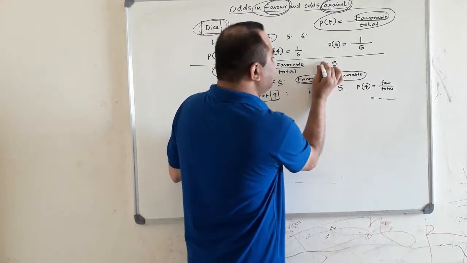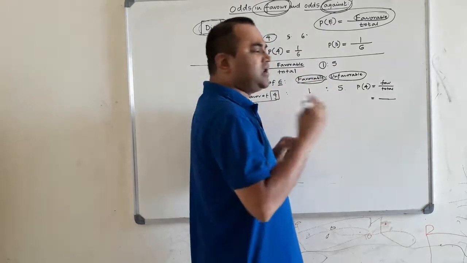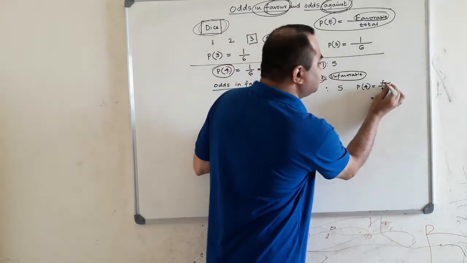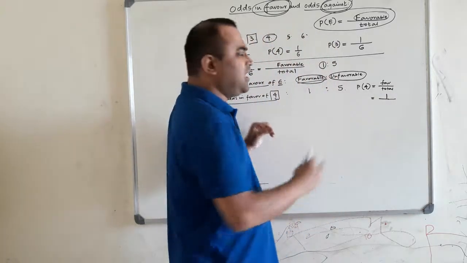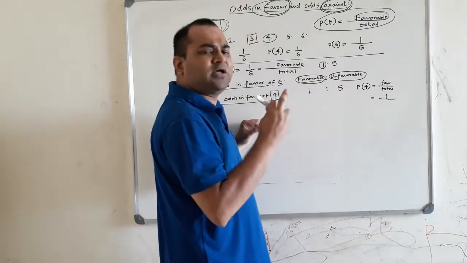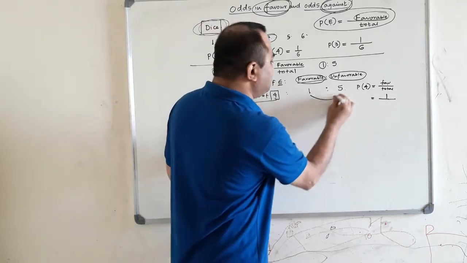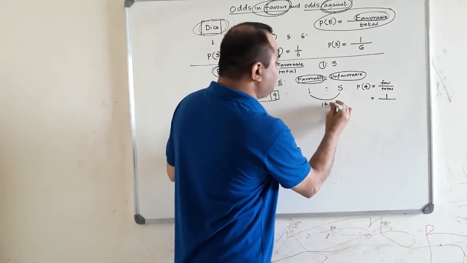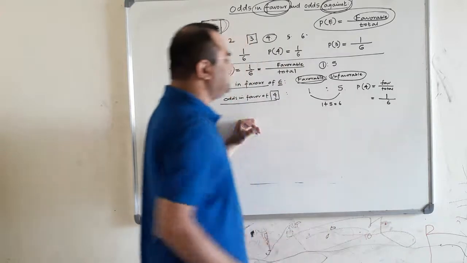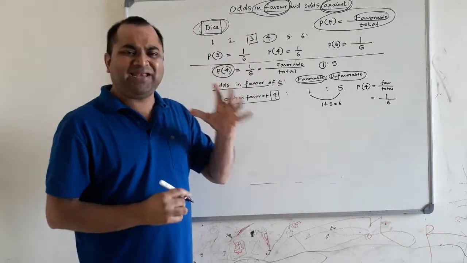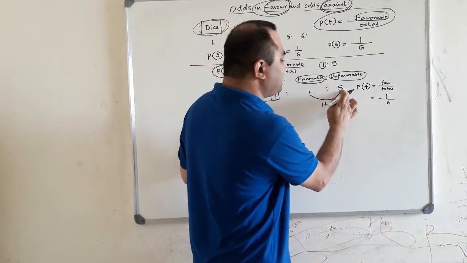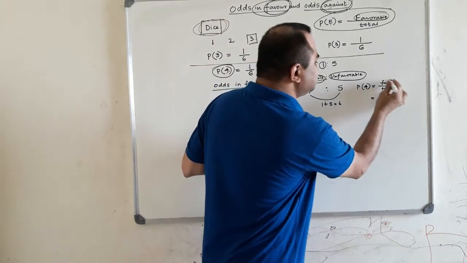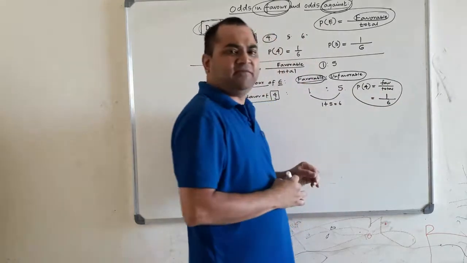You should understand that the first term 1 represents number of outcomes favorable for event 4. So write 1 in the numerator, and total number of outcomes would be the sum of the terms of the ratio. As you know, 6 outcomes are there in total when a dice is tossed. So if you know odds in favor of an event, then apply this method to write the probability.